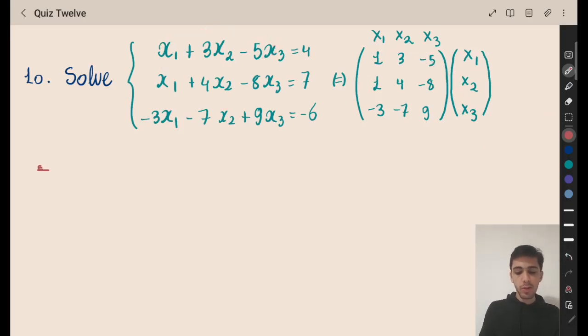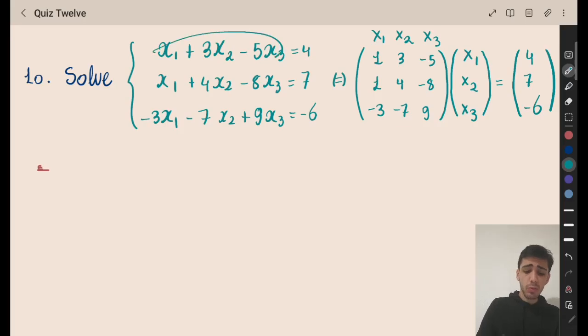You get x1 plus 3x2 minus 5x3. Now this is, on the other hand, equal to my vector of solutions, 4, 7, and -6. Because I want my left-hand side equation to be equal to my right-hand side equation.